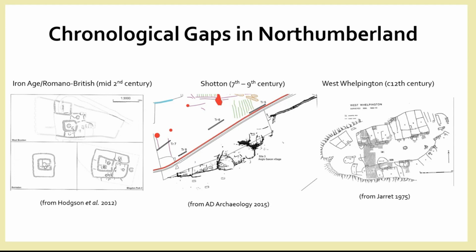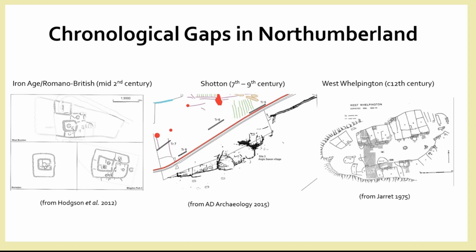So there are some pretty clear chronological gaps in the archaeological record in Northumberland, and these partly may be a result of the nature of excavations in the area. Obviously, commercial archaeology is led by where the developments occur, and that's what we have to go on.